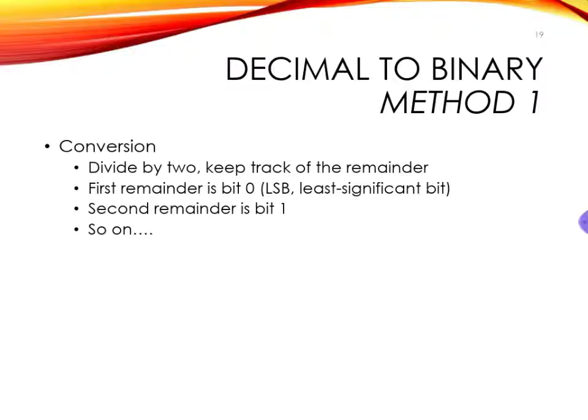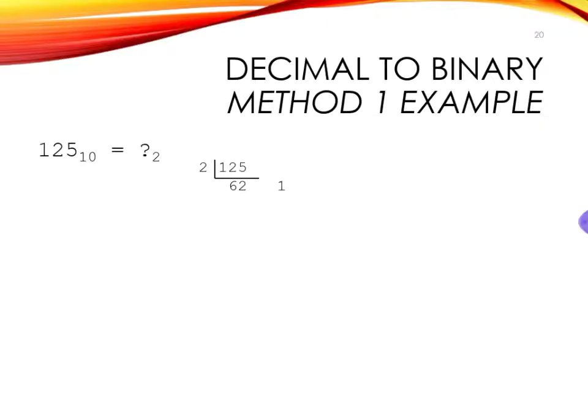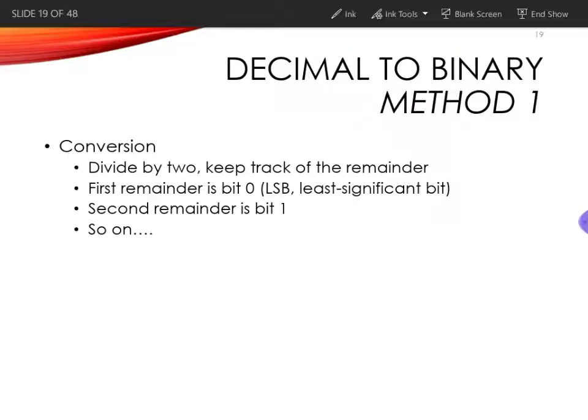So the way we do it is we keep on dividing a number by 2 and we have to keep track of the remainder for each of the divisions. And the way the binary number is generated is that the first remainder that we get from the division is going to be our least significant bit. The second remainder is going to be the next, and so on and so forth.